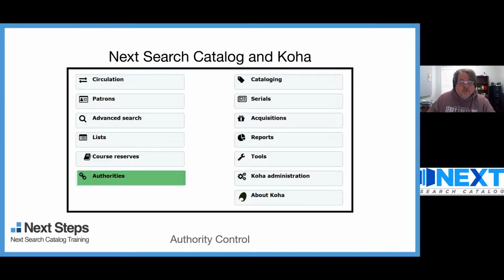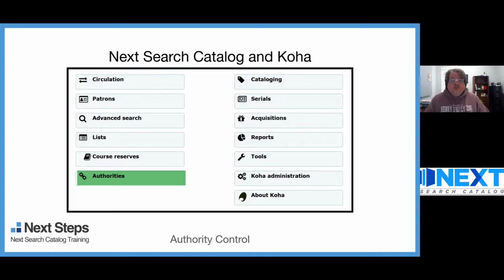And then there's authority control, which is a module designed to help make it so that all of the subject headings match. So every time somebody has a book in the catalog where the subject is cooking, that cooking is always spelled the same way, and the subject headings are consistent.